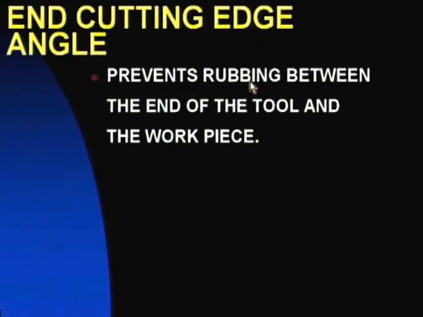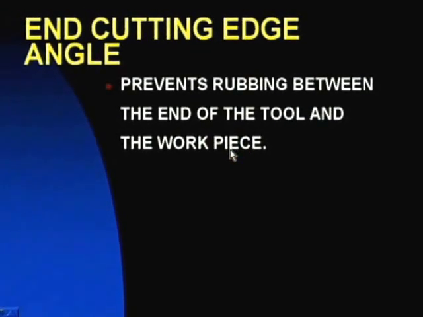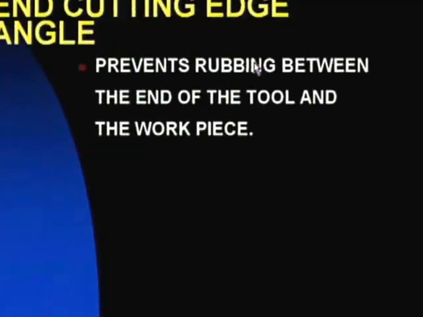First of all, it prevents rubbing between the end of the tool and the workpiece. It is deliberately provided in the cutting tool so that the other end of the cutting edge, the end cutting edge, does not come in contact with the work while the machining is taking place. That's why it is given: it prevents rubbing between the end of the tool and the workpiece.